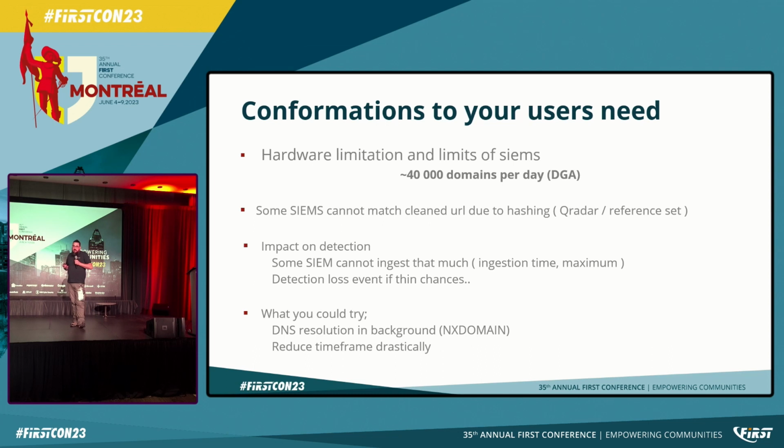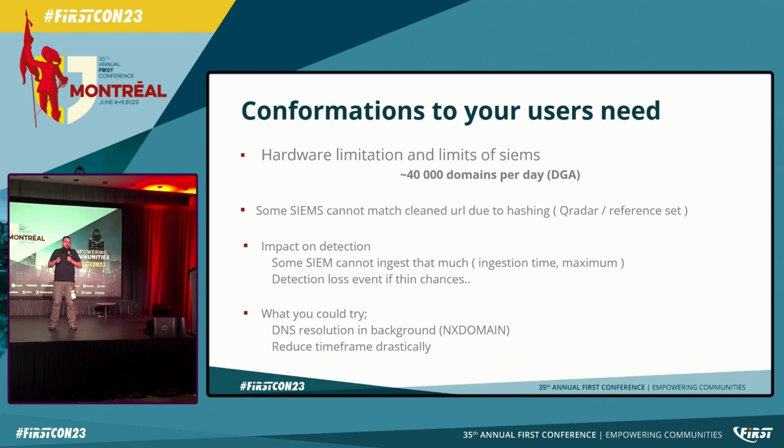So then, after the limitation of the customer devices, you have the limitation of the SIEM devices. We operate 5 types of SIEM, and for some, it's quite complicated. For example, if you have some DGA feed, so domain-generated algorithm, that's URLs that maybe don't exist, maybe exist, but have a short timeline of days.